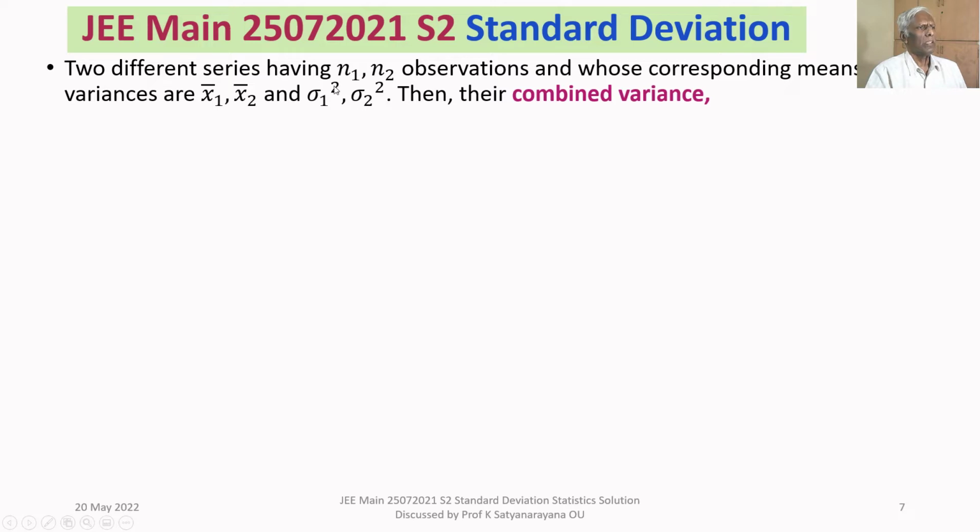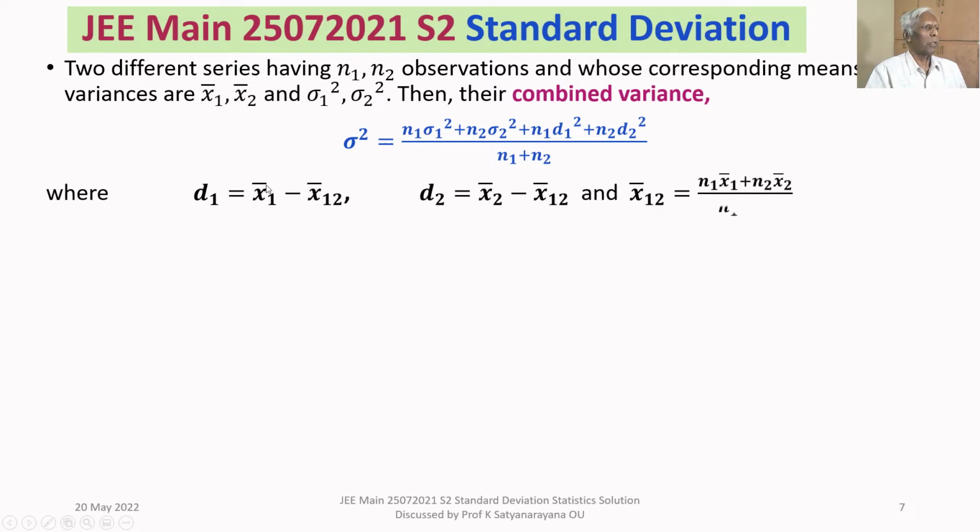Two different series having n1, n2 observations and whose corresponding means are x1 bar, x2 bar and variances are sigma 1 square, sigma 2 square, then their combined variance sigma square is given by n1 sigma 1 square plus n2 sigma 2 square plus n1 d1 square plus n2 d2 square by n1 plus n2, where d1 is x1 bar minus x12 bar, the combined mean, and d2 is equal to x2 bar minus x12 bar, and x12 bar is given by n1 x1 bar plus n2 x2 bar by n1 plus n2.